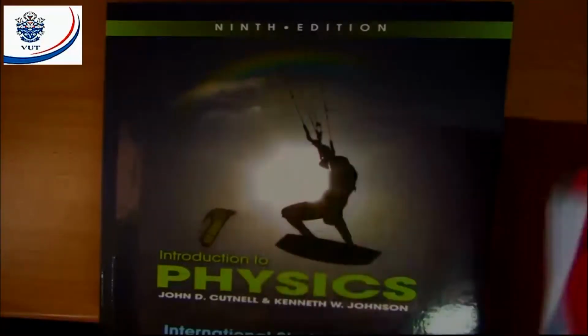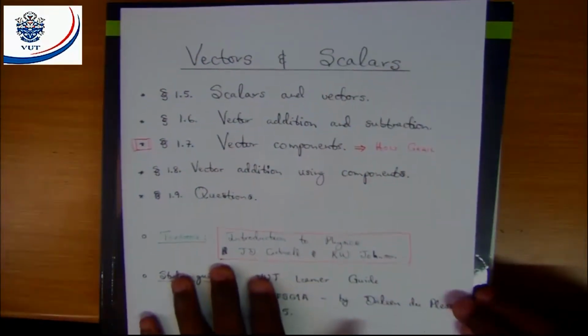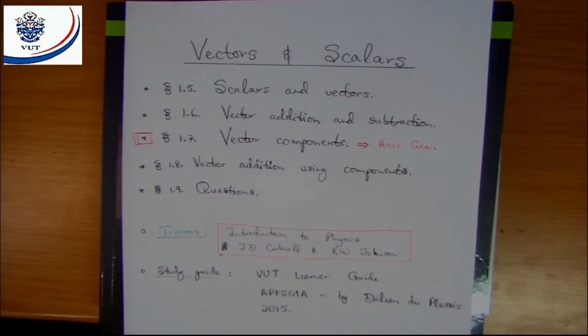Okay, so what is the plan? The plan for these lectures is we'll look at sections 1.5 up to sections 1.9 from the book. Section 1.5 is just introducing scalars and vectors, and then in 1.6 we'll look at vector addition and subtraction.